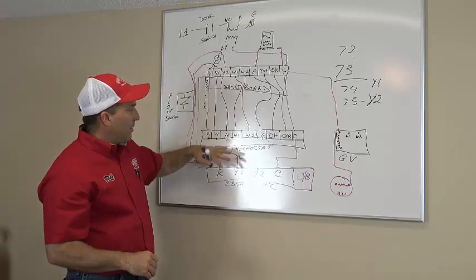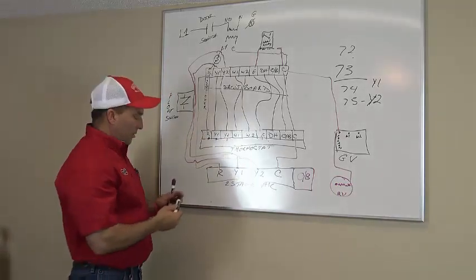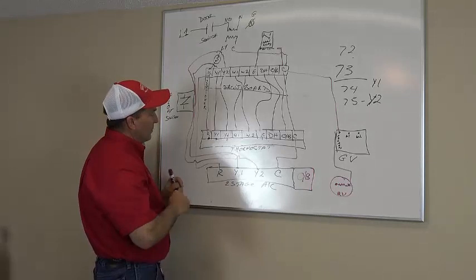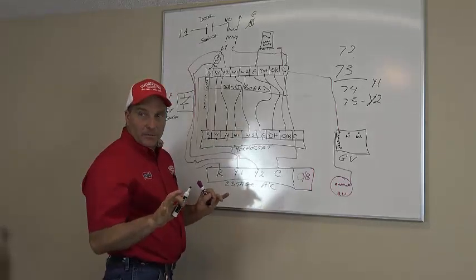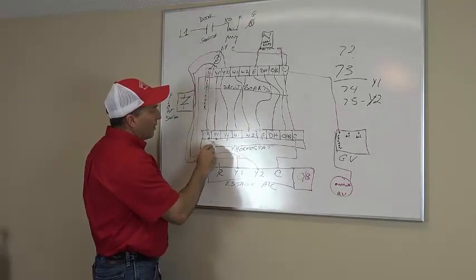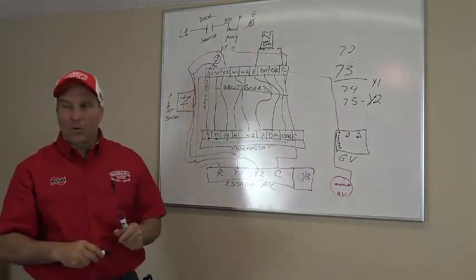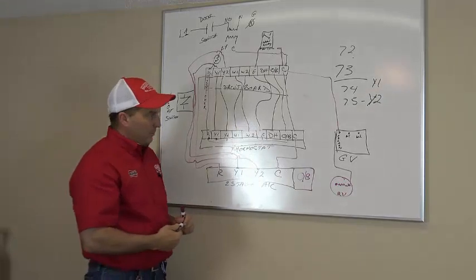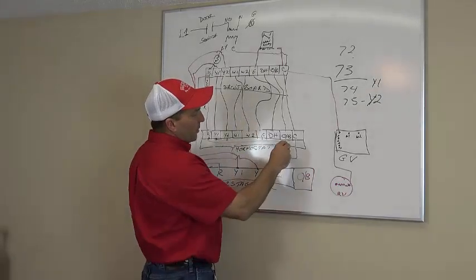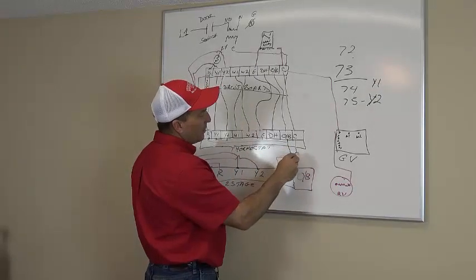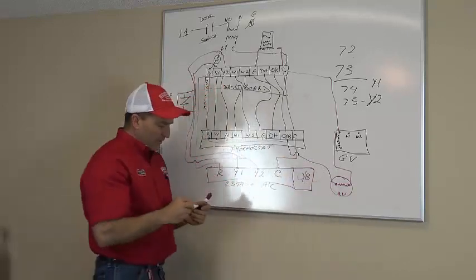Okay, so I'm turning my heater on, right? So I'm going to connect R to O and B. Tell me what's happening right now. O and B goes right down here to my reversing valve, right?